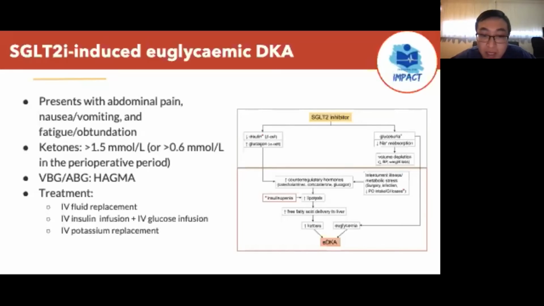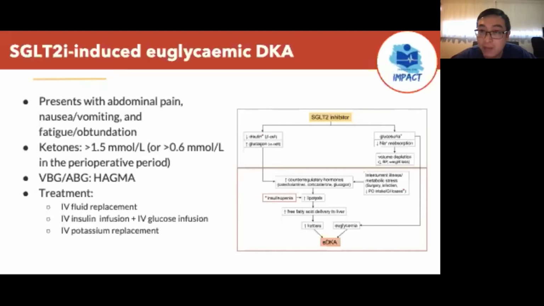And the third component is that in patients with DKA, the total body potassium is depleted from the osmotic diuresis as well. So osmotic diuresis caused by glycosuria draws not only water, but also electrolytes into the urine. So you pee out a lot of potassium as well. So the total body potassium is almost invariably depleted in DKA. And this is despite initial serum potassium perhaps being normal or elevated in the setting of metabolic acidosis.